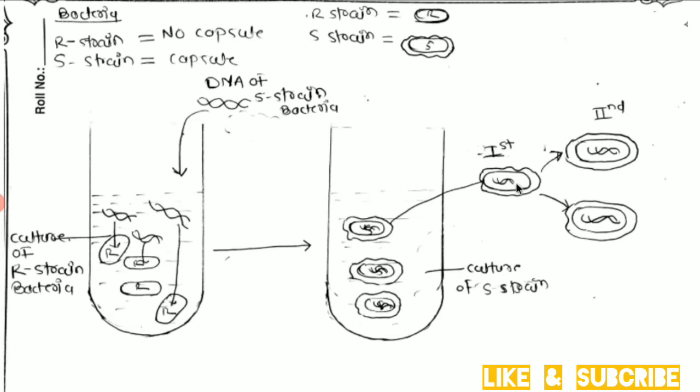If this gene is not transferred to the daughter cell, then the daughter cell does not produce the capsule. But it is transferred, and that's why the capsule is produced around the daughter cell too. So that is the reason that DNA is genetic material, and that is the meaning of it.